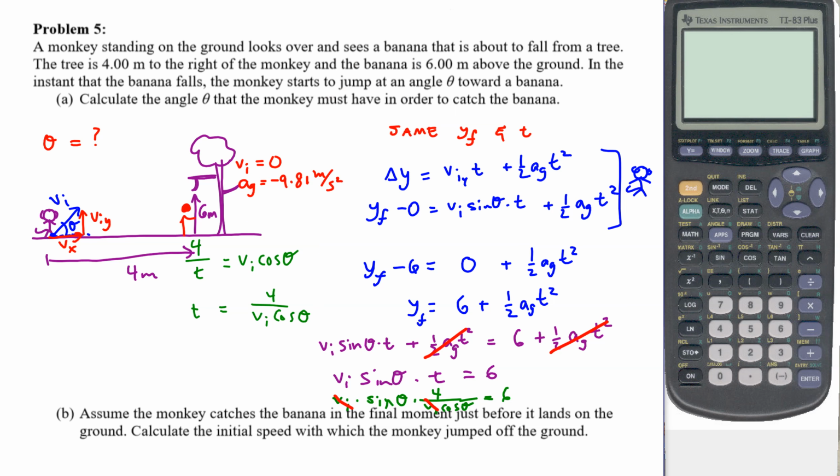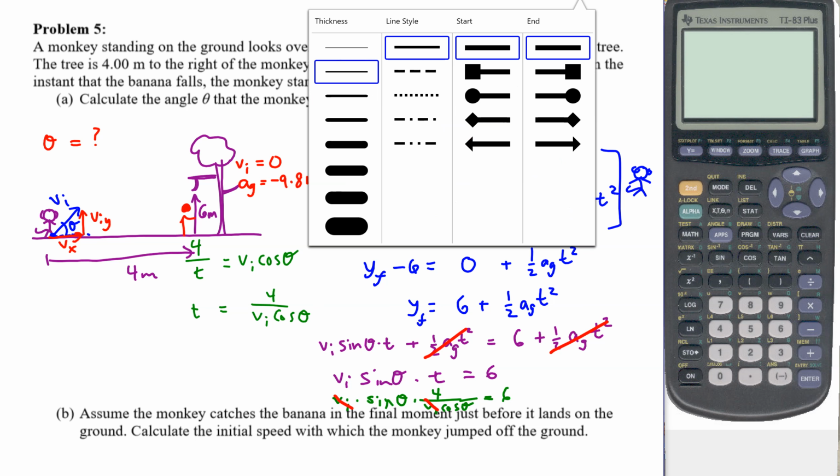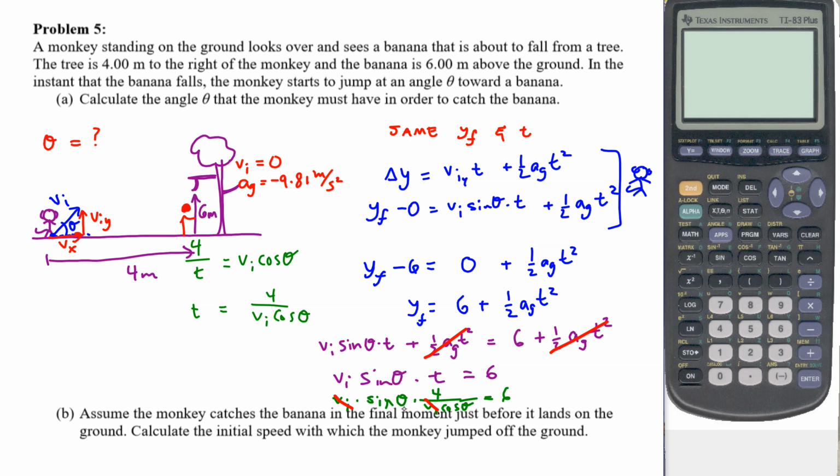What we have now is sine of theta divided by cosine, and that, believe it or not, is equal to tangent of theta. So tangent of theta times 4 equals 6. If you divide both sides by 4, you get tangent of theta equals 3/2, or 1.5. And theta then is inverse tan of 3/2.